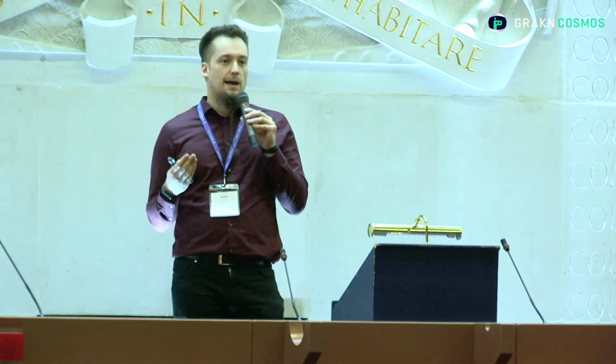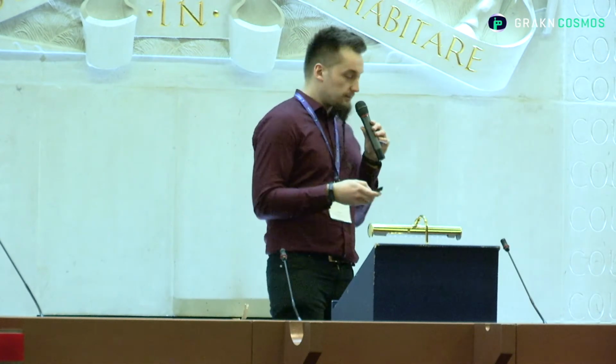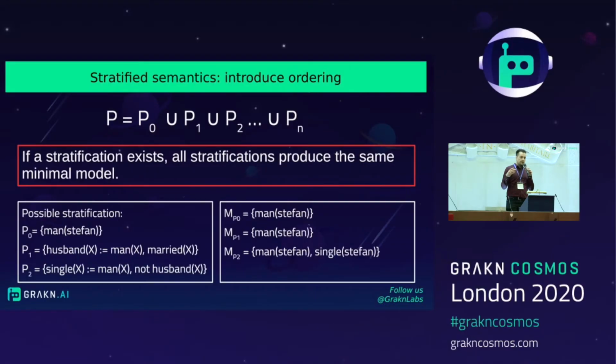So we need to establish some model preference now, and the way to do it is to introduce so-called stratified semantics. What does it mean to be stratified? This is basically a big word that says ordering, so ordered semantics.